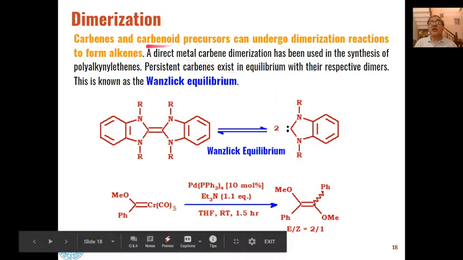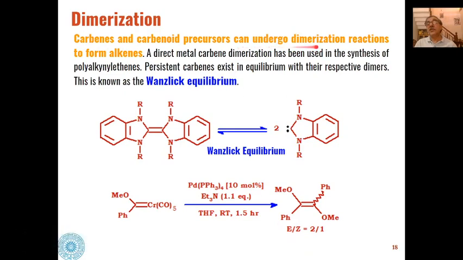Then carbenes and carbenoids very easily undergo dimerization reaction, and the products of dimerization are generally alkenes. So you can see over here this type of carbene generated from these types of heterocyclic compounds. Two molecules of these carbenes combine to give us these types of carbon-carbon double bond formation, that is polyalkylene ethanes are formed as the product, and such type of equilibrium is known as Van Slyke equilibrium.